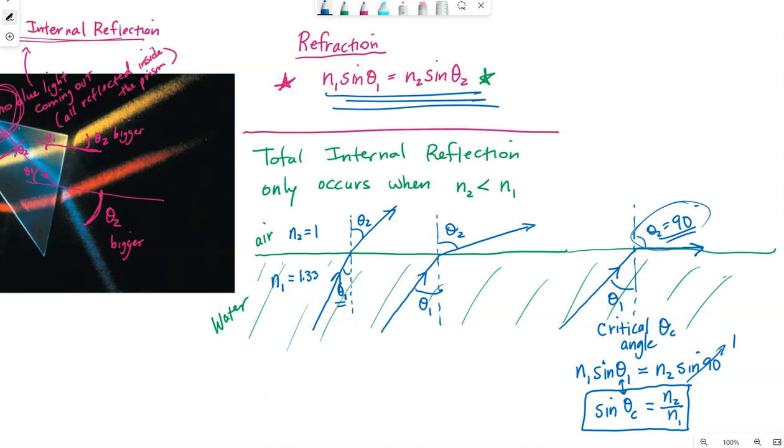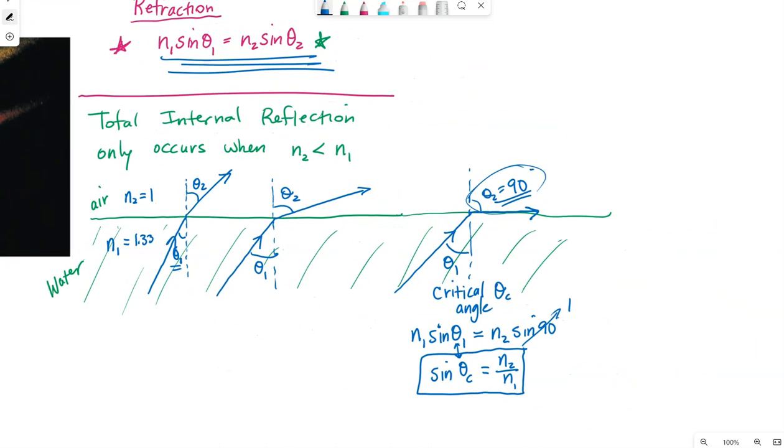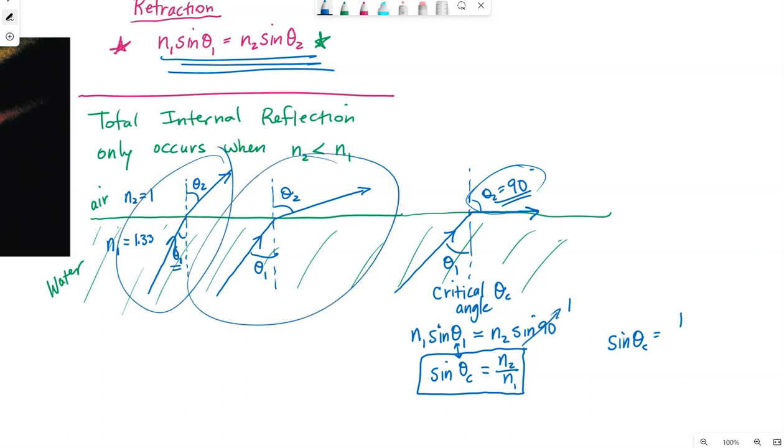So in this particular example, we would say the sine of theta critical, well, the light was headed to the air, right? Originally, it goes out into the air. This is the angle that gives us exactly 90 degrees, hence the critical angle.